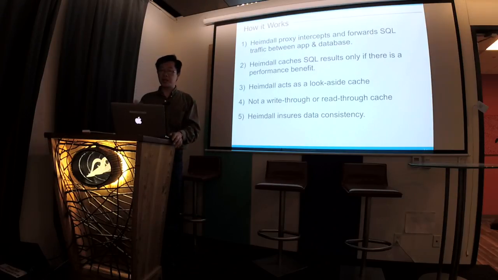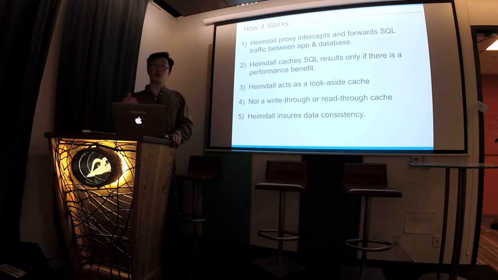This is how it works. Basically, at a high level, it intercepts and forwards the SQL traffic between the application and the database. It caches SQL results only if it provides a performance benefit. So it's not going to go to the L2 cache if it knows that it's going to be a cache miss, or that's going to be a double whammy, right? Just think about it.